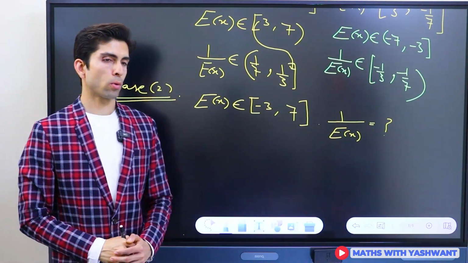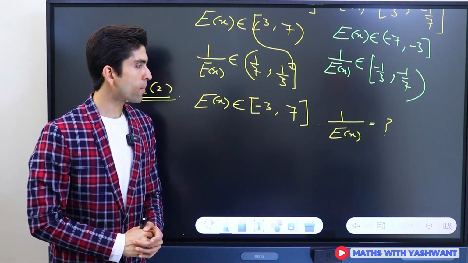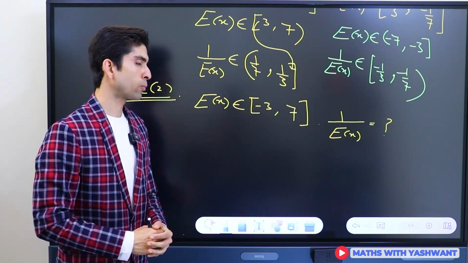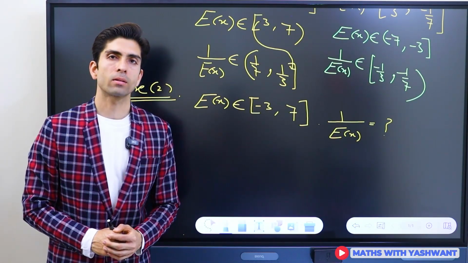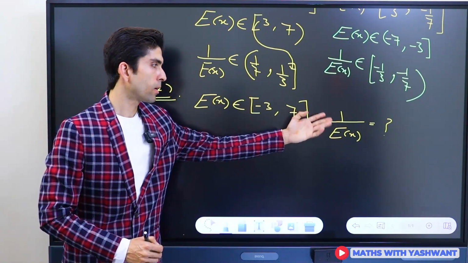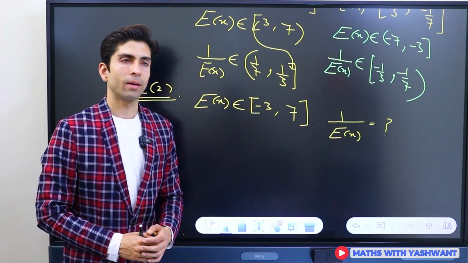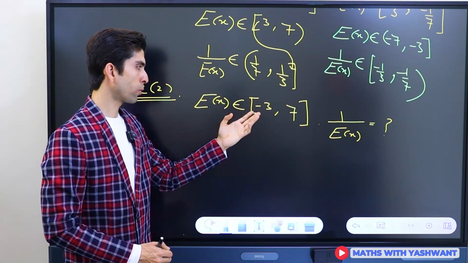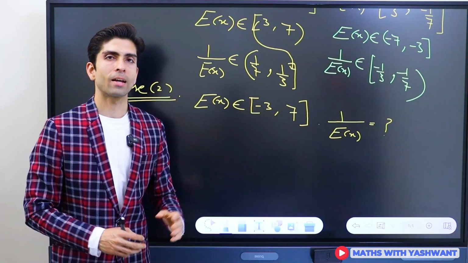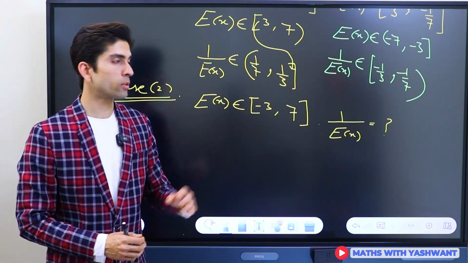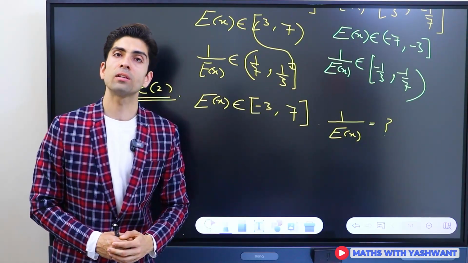When we find the range of 1 by E of x, that actually means we are doing the reciprocal of all the elements present in the range of E of x. You understand, right? 1 by E of x means you are doing the reciprocal of E of x. So E of x is close -3 to close 7. That means we have infinite numbers, integral as well as non-integral, starting from -3 ranging till 7.